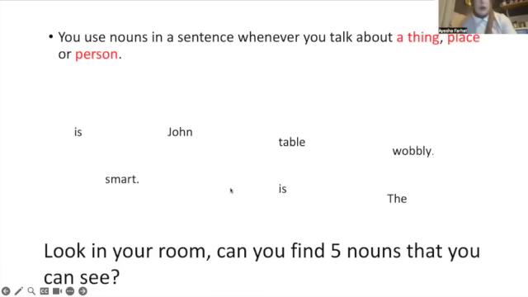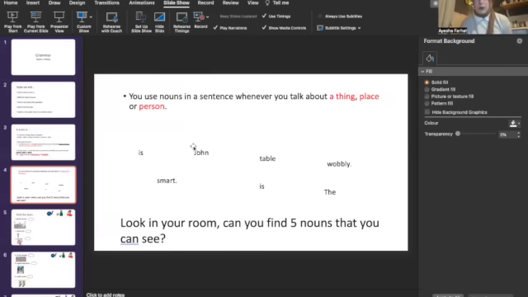Okay, so here we have some words. But before we do that, think about it like this. Any sentence that we put together where we are talking about a person, a thing, or a place has a noun in it. So what I would like us now to do, going back to the my turn, your turn, is I want you to use these words over here and see if you can make a sentence using these words.